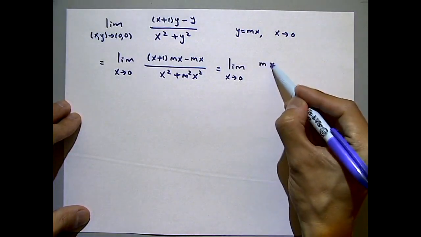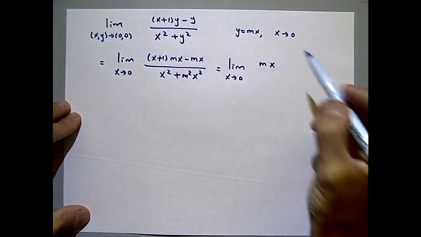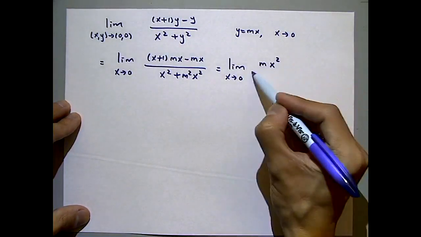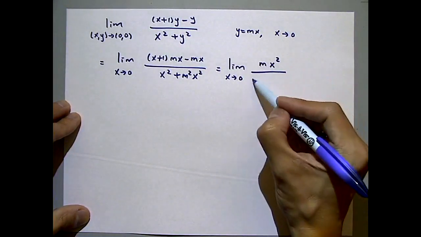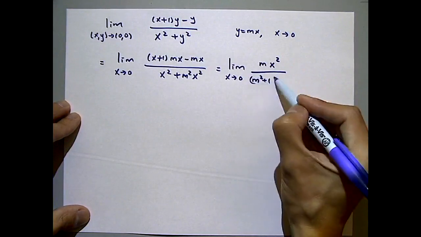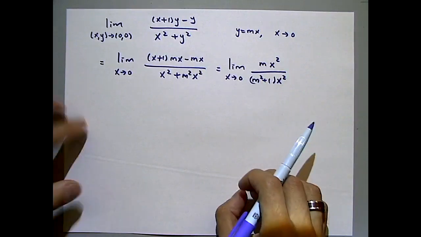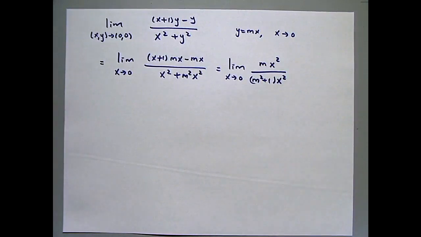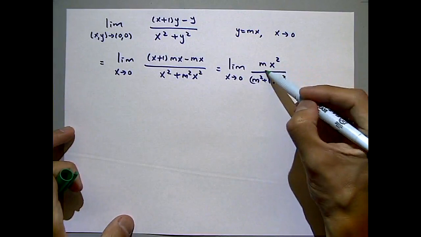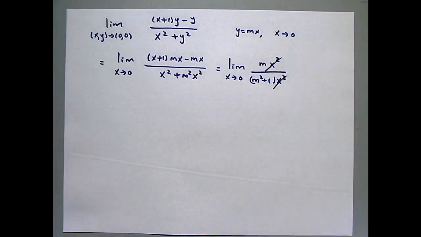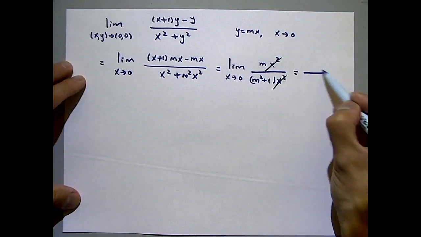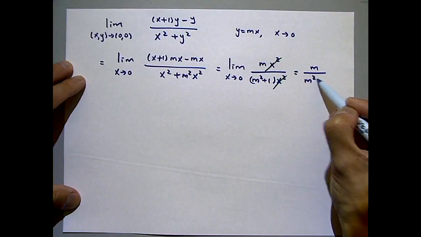If I simplify just a little bit, I get that. And as long as x is not exactly equal to 0, we can reduce those two things, and we end up getting m over m squared plus 1.